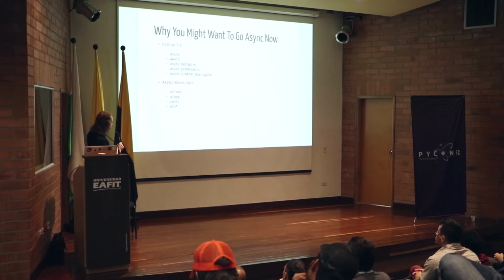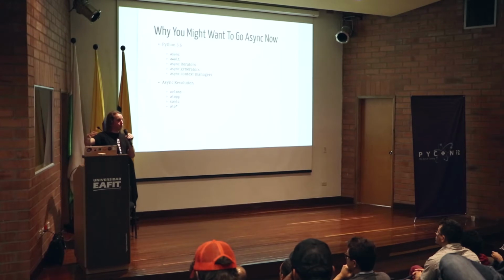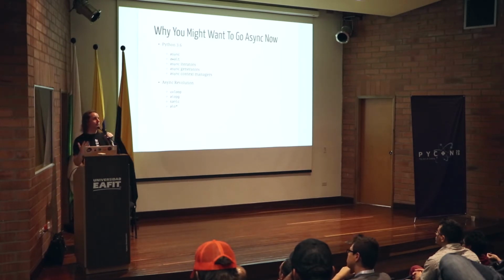A very important project is the uvloop project, which took the event loop, the underlying system of Node.js, and ported it to be usable in Python. So it's a drop-in replacement for what the standard library async I/O module gives, just a lot faster.